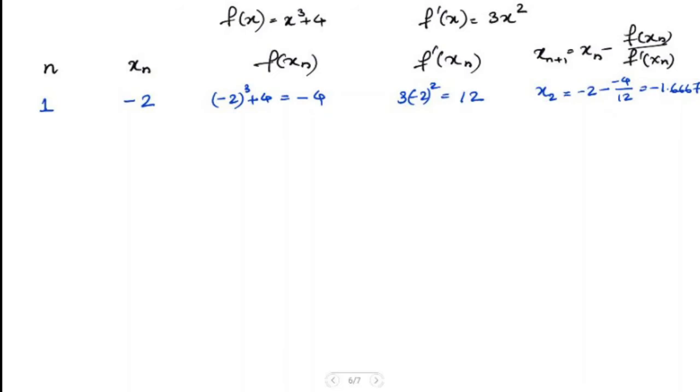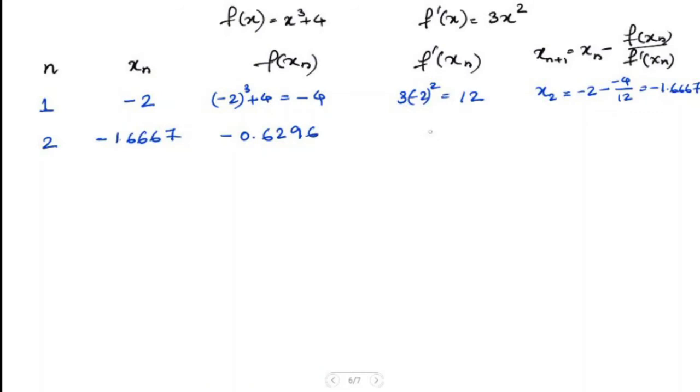Now for n2, we have x2 value equal to -1.6667. And then we have f of xn. If we put the value of x2 inside the function, we'll get -0.6296.